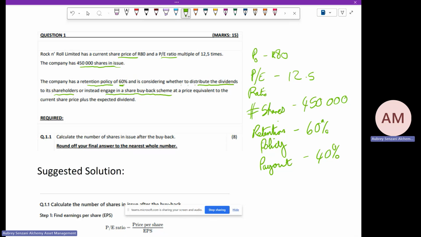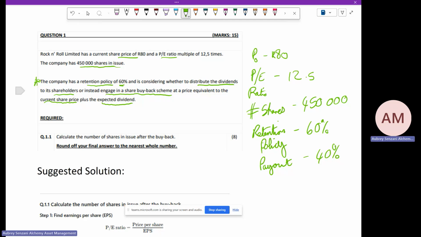Now, this share buyback scheme is at a price equivalent to the current share price plus the expected dividend. So we have two options here. From the first line, the company has a retention policy of 60%.